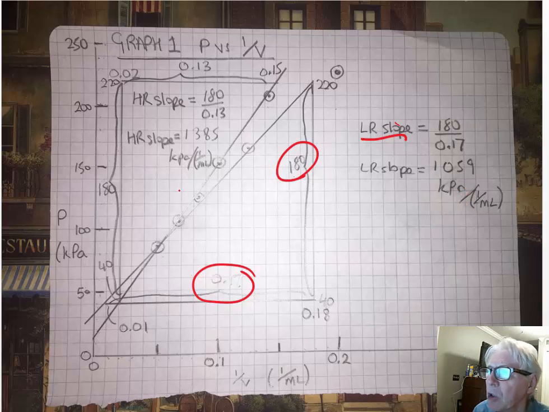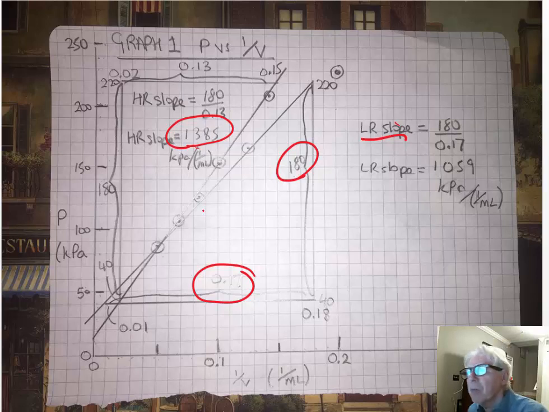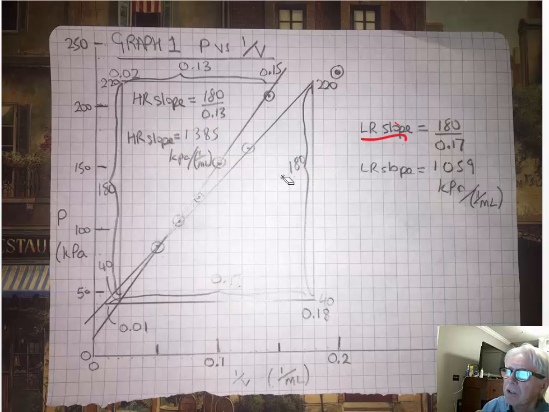And for the highest reasonable slope, I got a value of 1385 kilopascal divided by 1 over milliliters.